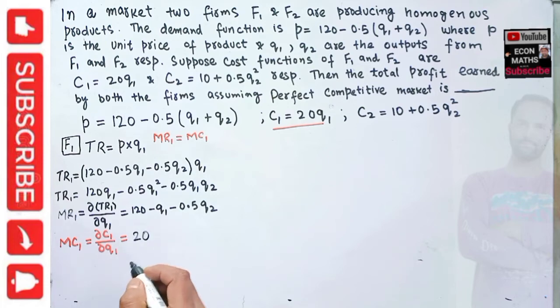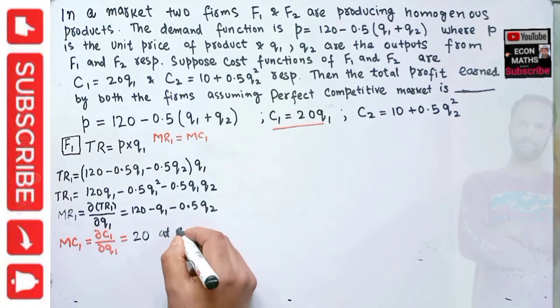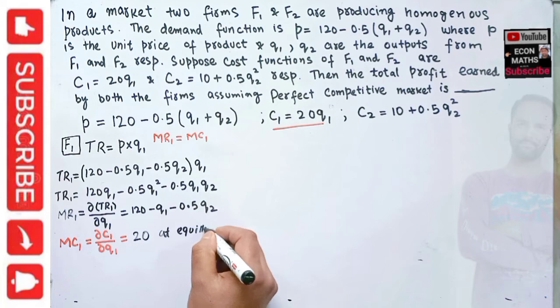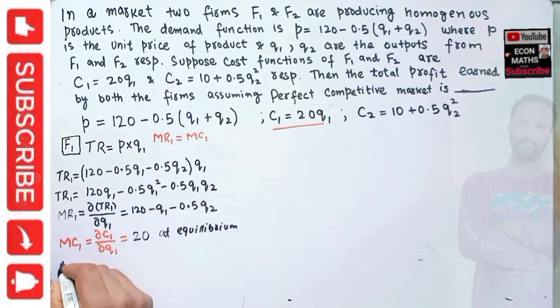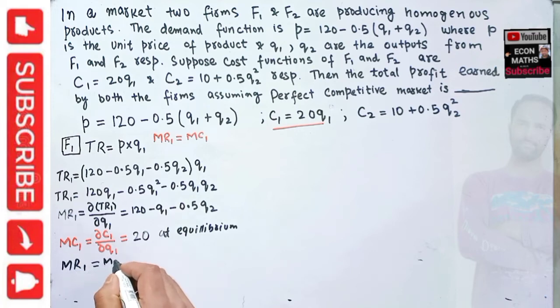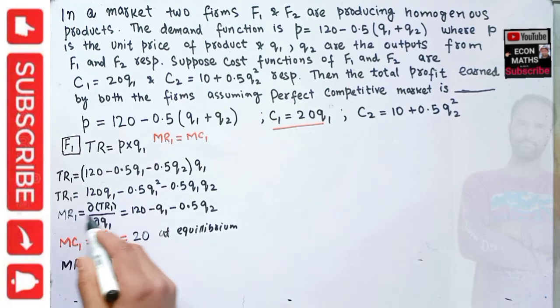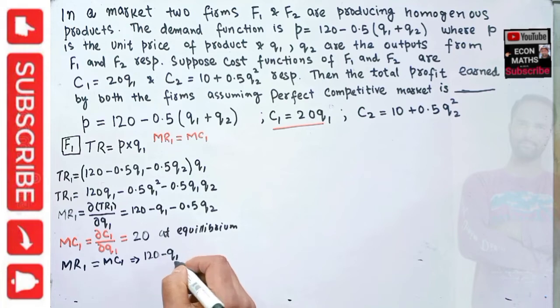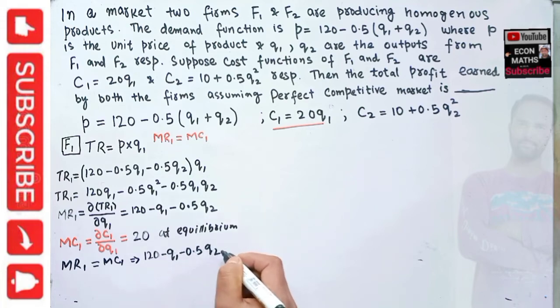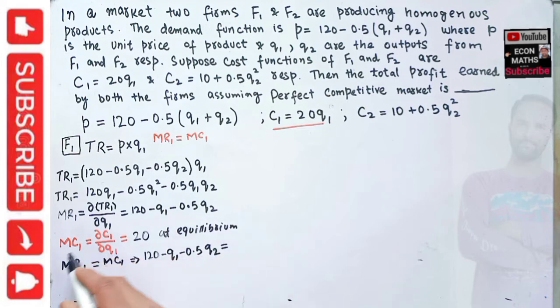So at equilibrium, marginal revenue of firm 1 should be equal to the marginal cost of firm 1. Marginal revenue is 120 minus Q1 minus 0.5 Q2, and we equate it with the marginal cost, that is 20.